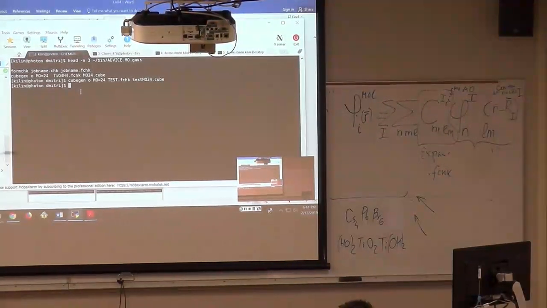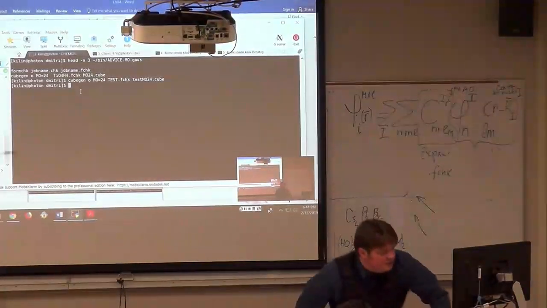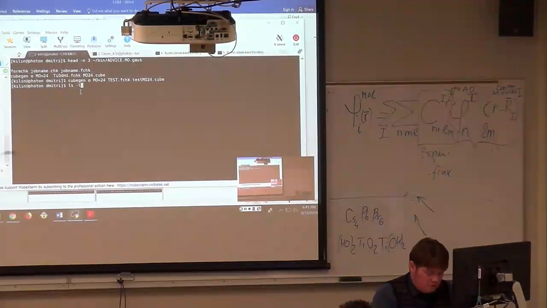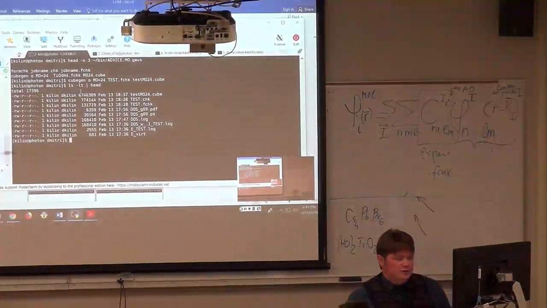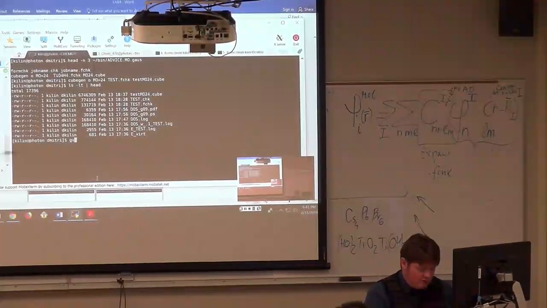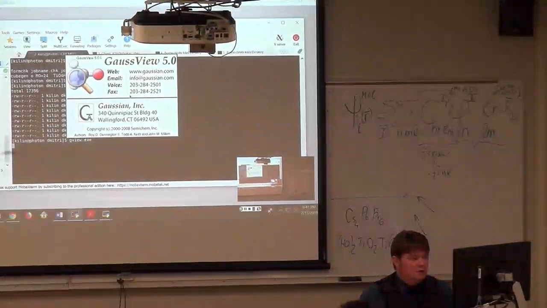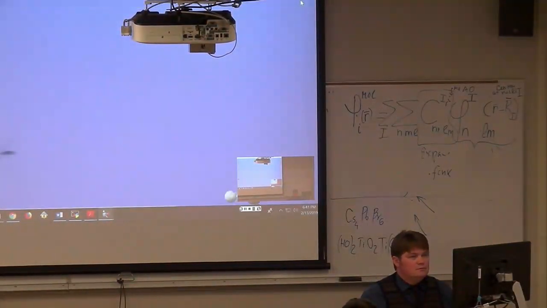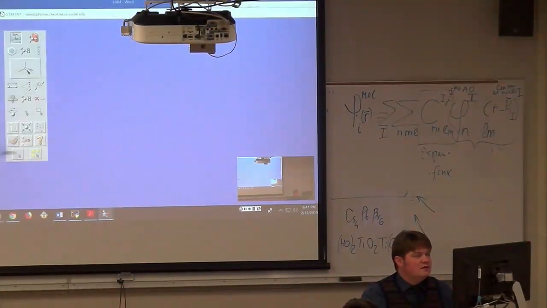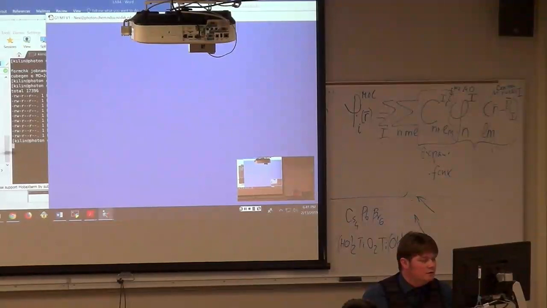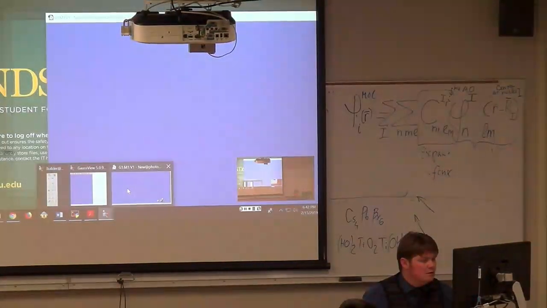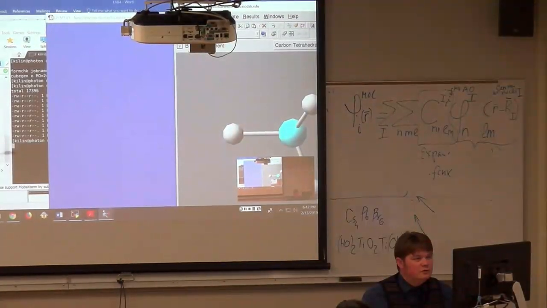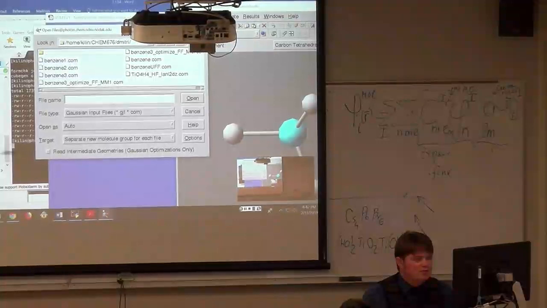Okay, so after you complete this step, you should see that there is a file with extension cube. And the next step is the easiest and most pleasant. So you open GaussView. In GaussView, you are opening this cube file.